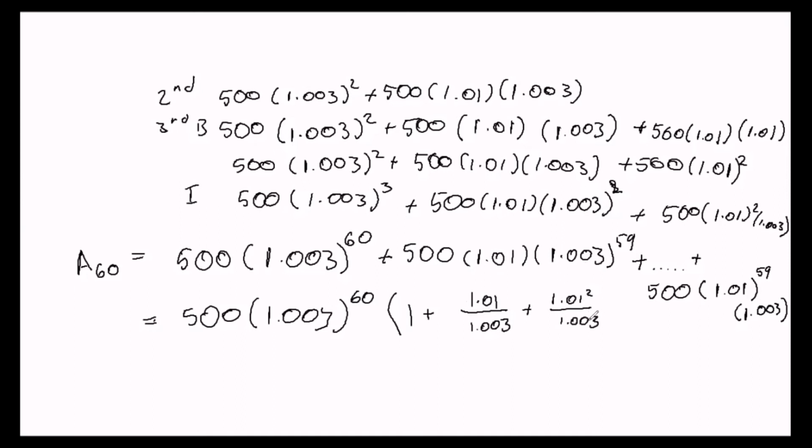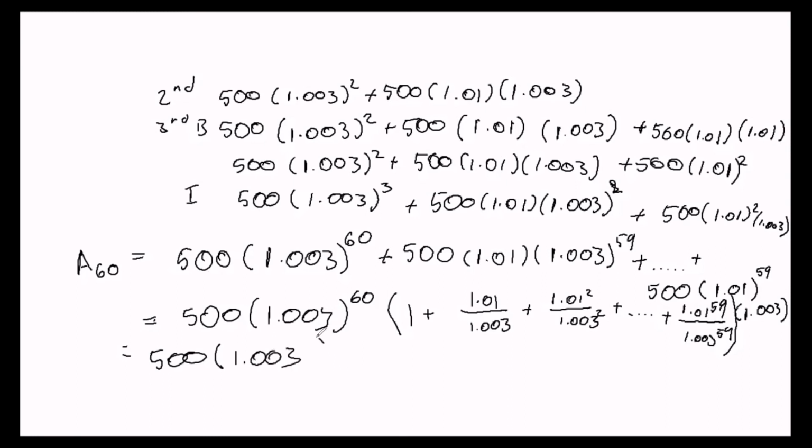Yeah. And then we can keep going until we get to 1.01 over 1.003, and this goes up to 59. Yep. So the maximum is going to be 59. And then if we divide that by 1.003 to the power of 60, we're going to get 1.003 to the power of 59. Perfect.